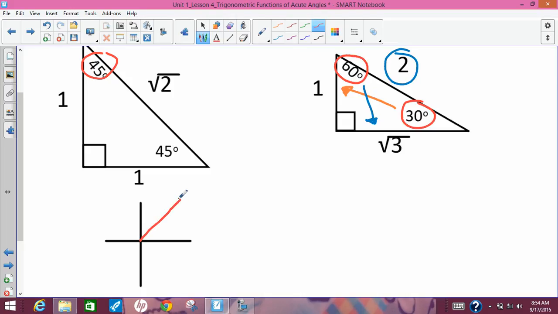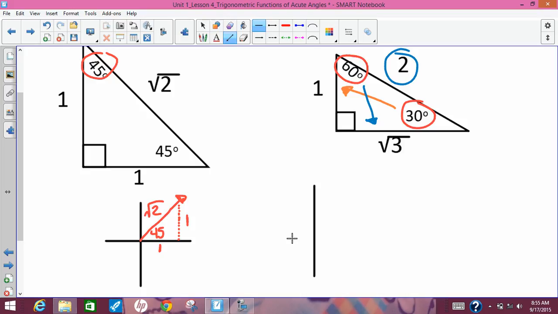So here's my 45 degree, and we can make this look like a right triangle. The side across from a 45 is 1, and so is the other one, and the hypotenuse is root 2. So in our x, y, and r world, x and y are both 1, and r is root 2. We can do this for both 30 and 60 as well.